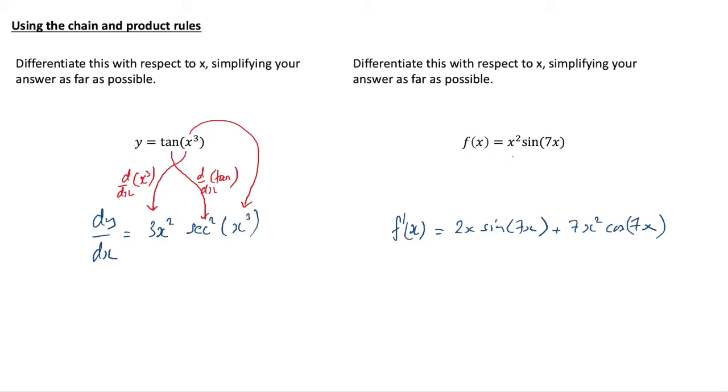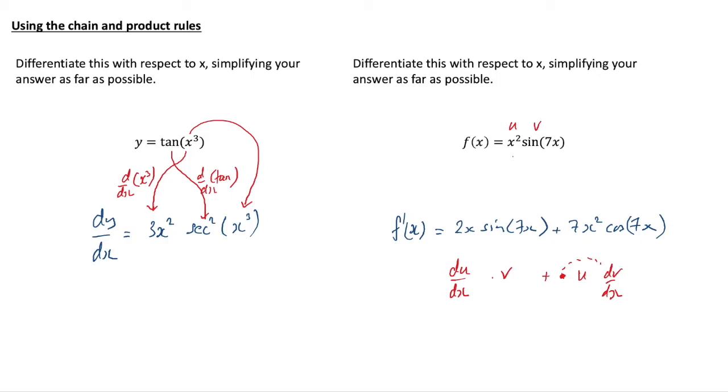So where's everything coming from? Well, first of all, with the product rule we have u is x squared and v is sine of 7x. So we need v du dx, which we have on the left there, and we need to add that to u dv dx.